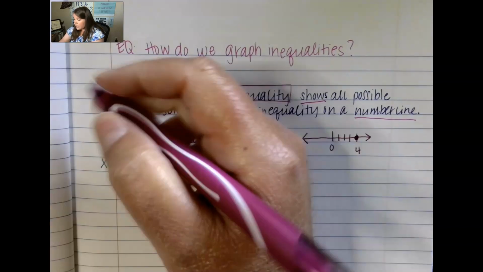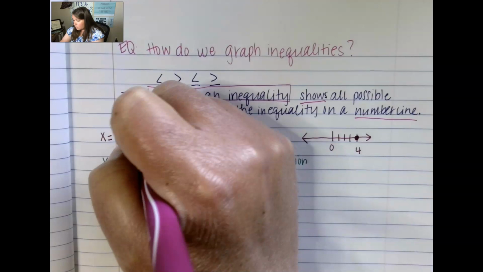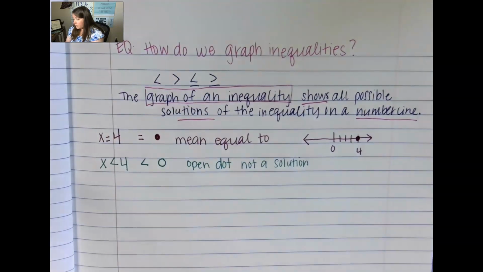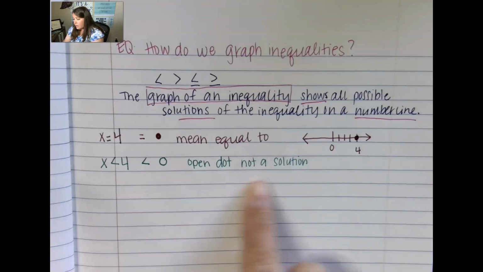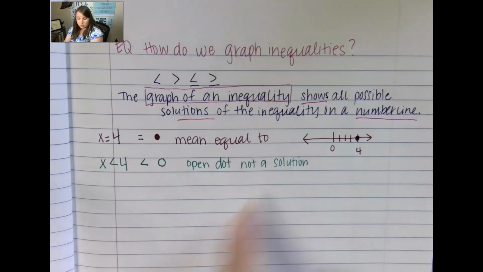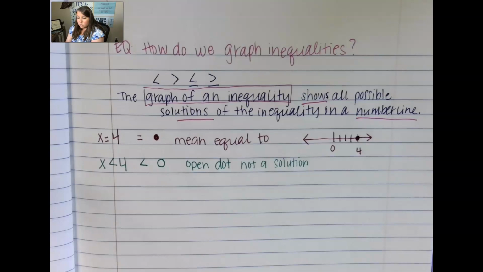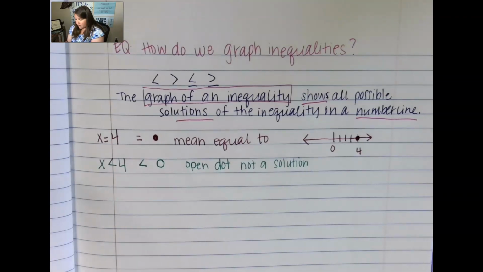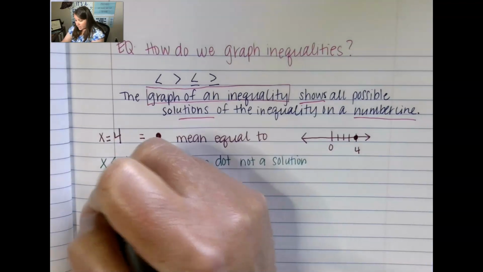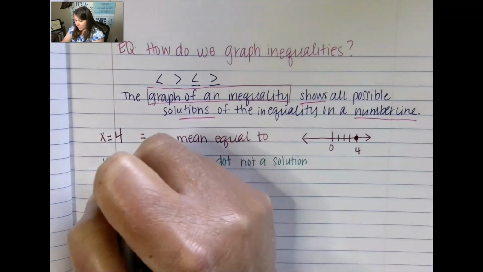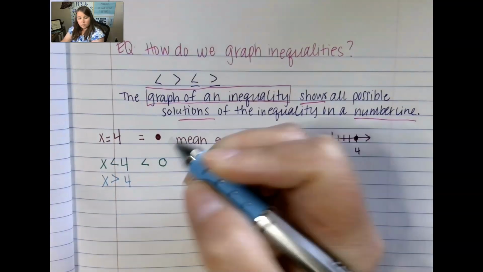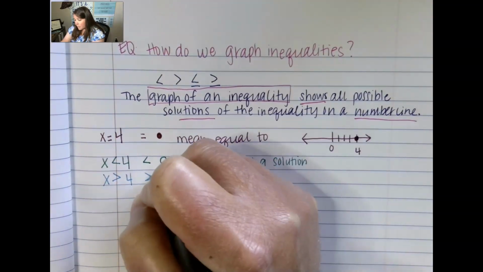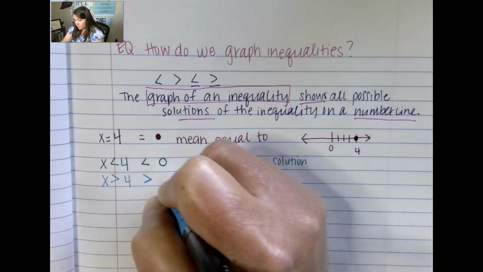So in prior lessons, remember we said this was the equal sign. Here we're going to use less than. We're going to use an open dot, and it's not a solution. When we're looking at greater than, so let's say that x is greater than 4. That means that we're looking for all the solutions that are bigger than 4.